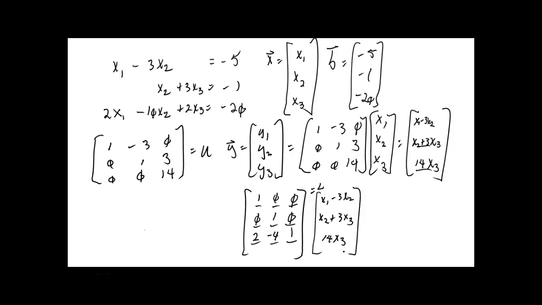Multiply L times this y vector. Okay? And what does it become? And again, you've got a 3 by 3 times a 3 by 1, so that gives you a 3 by 1.